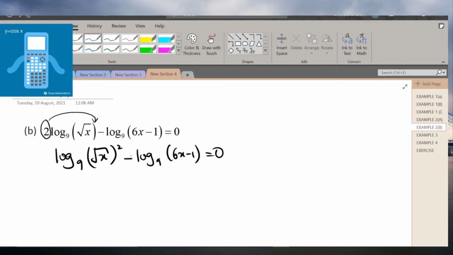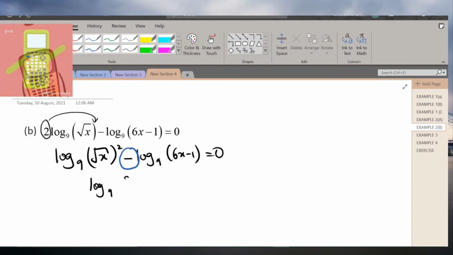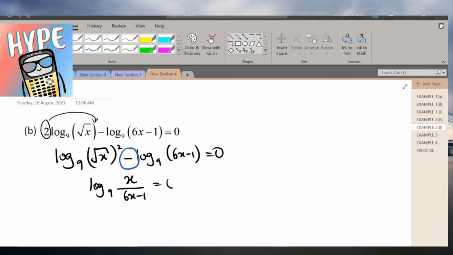So as we can see here, there's a subtract here. We can use the basic rules of logarithms and group the terms. Here we will get log base 9 of x over (6x minus 1), and this is equals to 0.